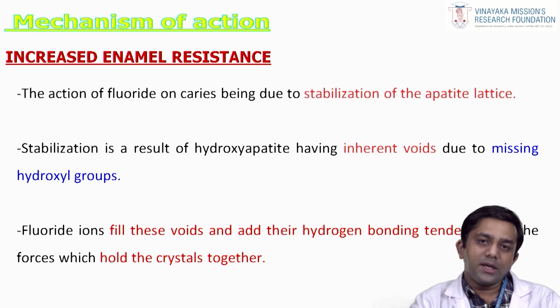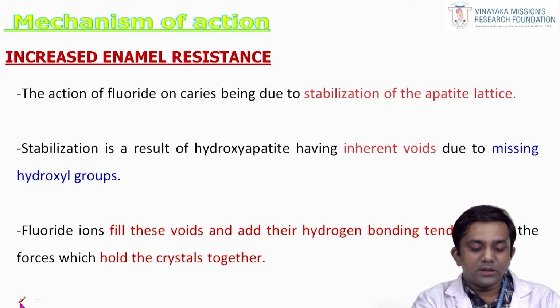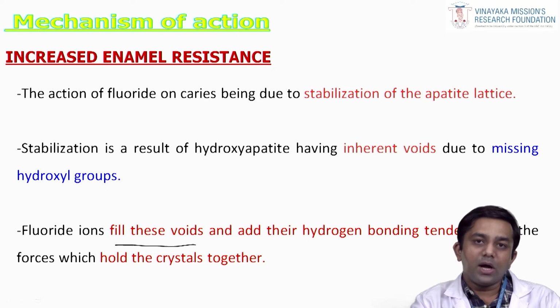These fluoroapatite crystals are more caries resistant when compared to hydroxyapatite. The fluoride ions fill the voids present in the hydroxyapatite crystals. Due to the hydrogen bonding tendency, their forces act on this and they fill the voids, mainly forming fluoroapatite crystals.